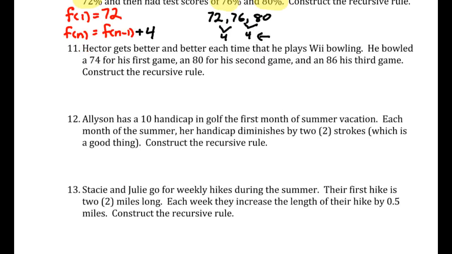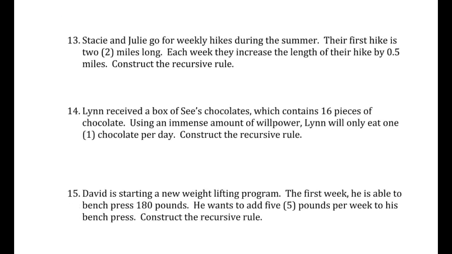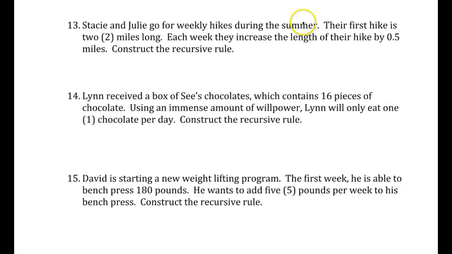And let's try number 13. Okay, Stacy and Julie go for weekly hikes in the summer. Their first hike is 2 miles long, so we're going to start off with 2 miles.